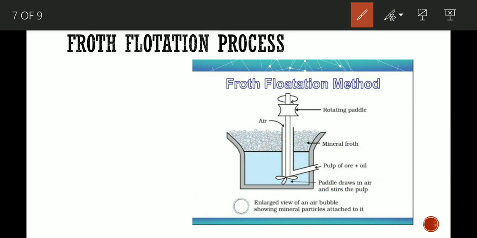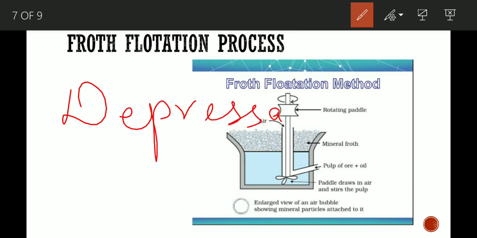Now coming to depressants and activators, used to collect the required sulfide part from the ore. So whatever sulfide parts we are getting, depressants are used to collect the required sulfide part.